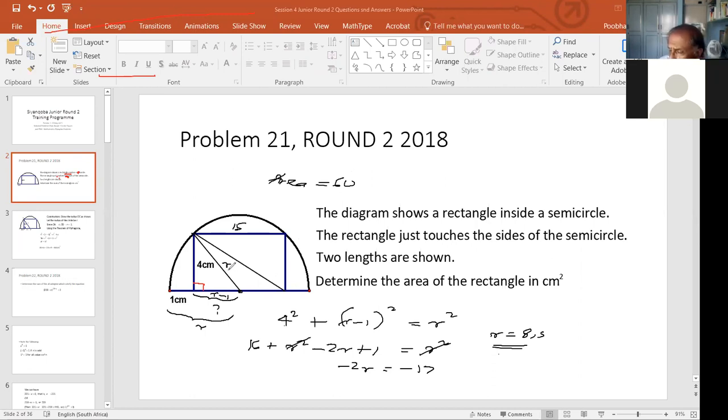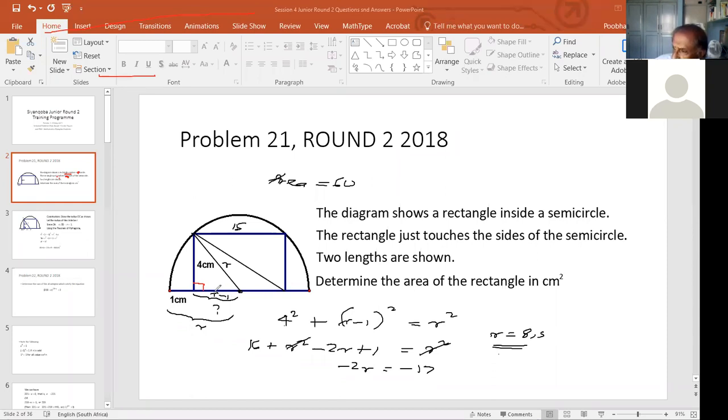You find the radius. Once you find the radius, then we have the area of this rectangle is 4 times this length here, and this length here is the radius minus 1, which is, we calculated the radius to be 8.5.